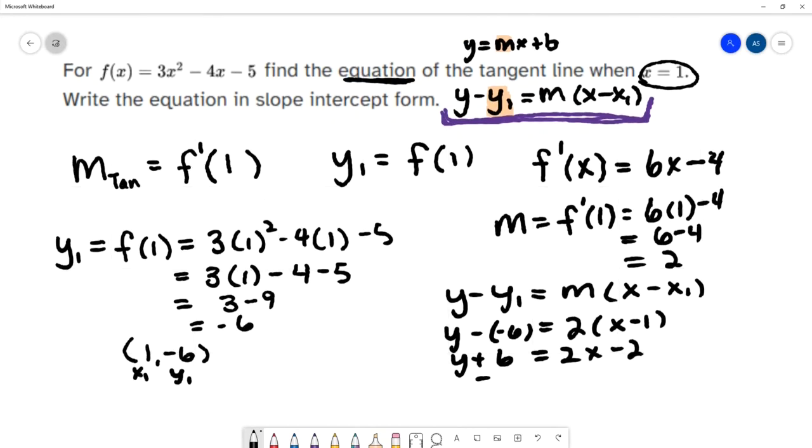And then I want to subtract 6 on both sides. And this would be my equation in slope-intercept form. That's 2x minus 8. So we found the equation of the tangent line to be y equals 2x minus 8.